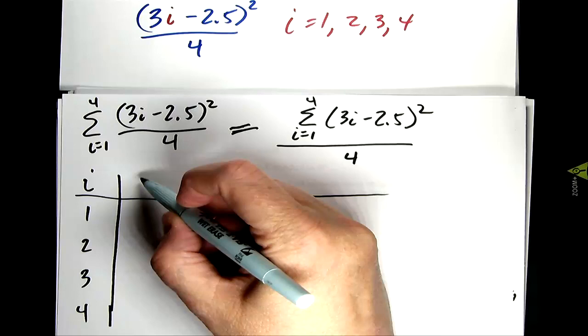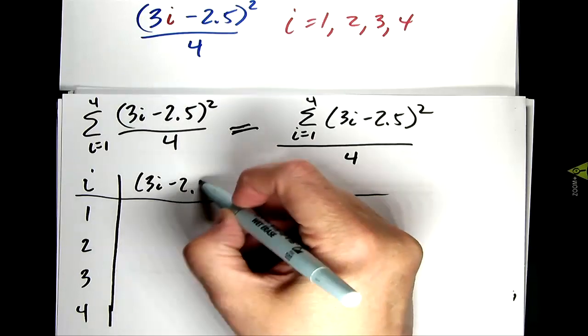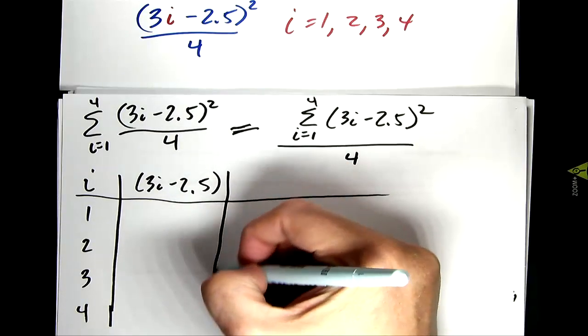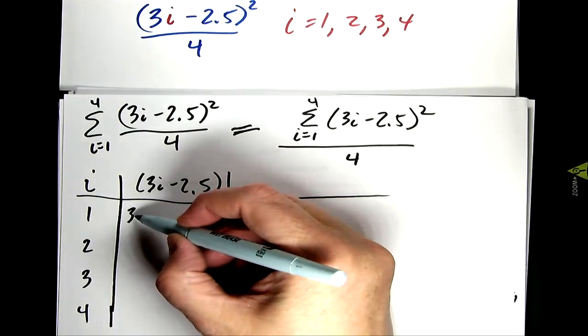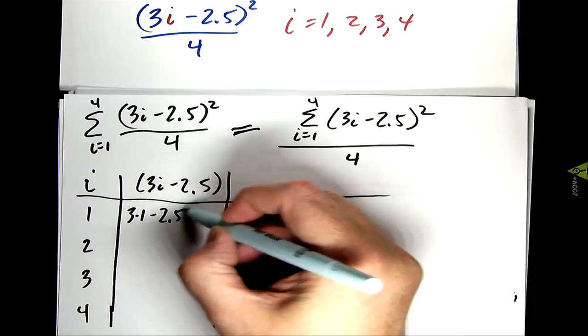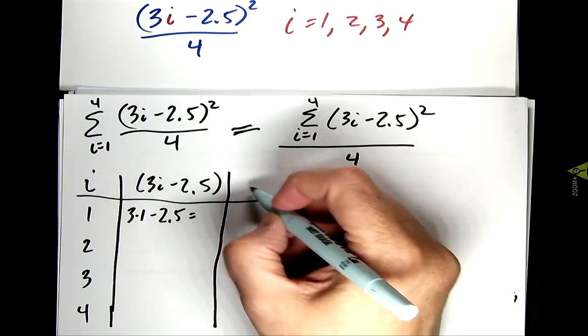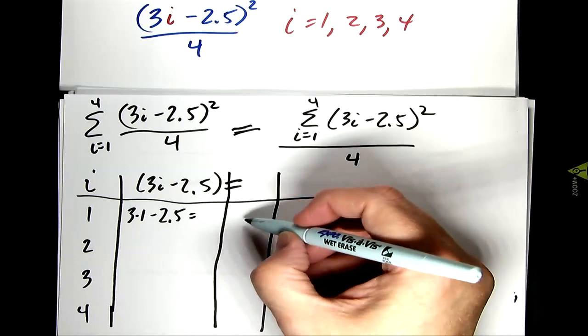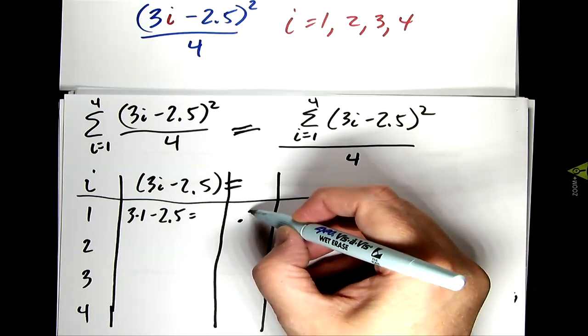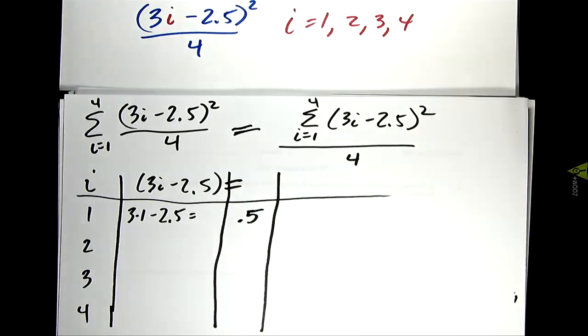First off, I'll do 3i minus 2.5. So I have 3 times 1 minus 2.5 equals, maybe I'll put the outcome in this column right here. That ends up being 3 minus 2.5, which is 0.5. You can do these all on a calculator to speed them up.